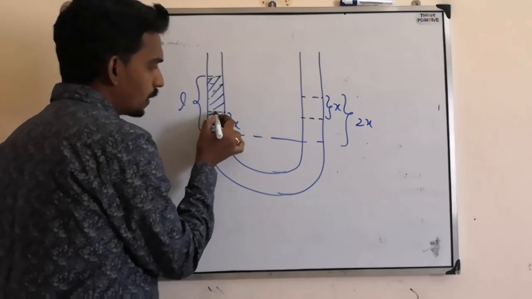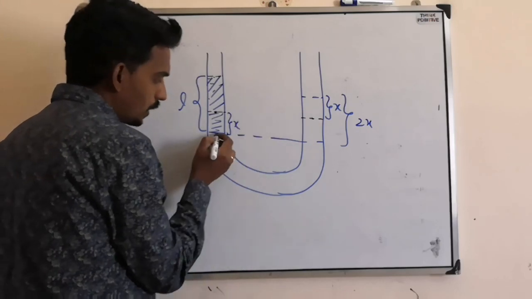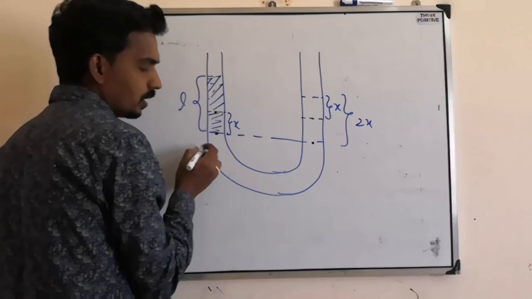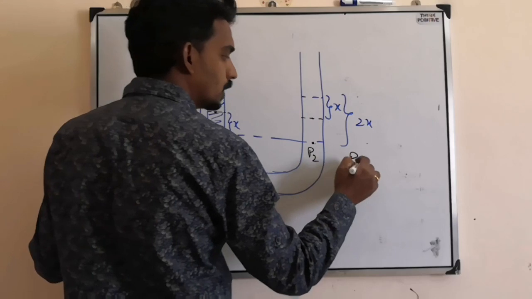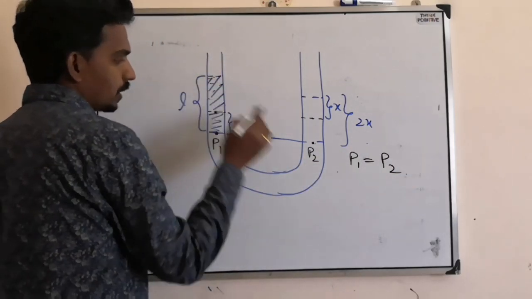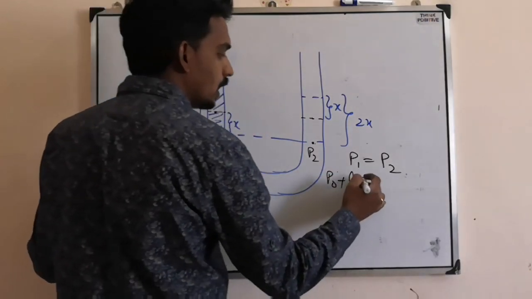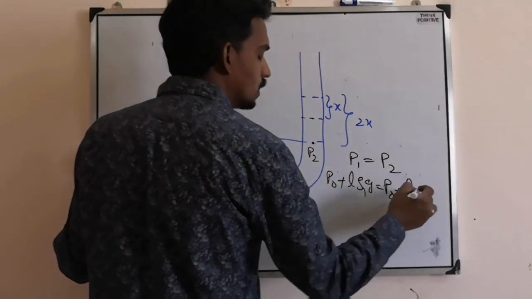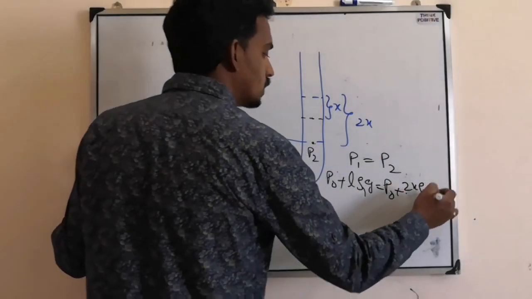You should not compare these 2 points because this is in one liquid, this is in another liquid. But if you take these 2 points, this is mercury, this is also mercury. Both must be at same pressure. Here P1, here P2, means P1 equals P2. Then here pressure is P0 plus the pressure due to liquid, L rho1 g, equal to, here pressure is P0 plus, this length is 2x, rho2 g.